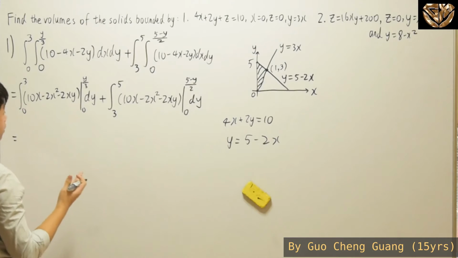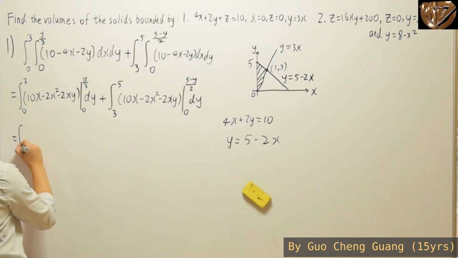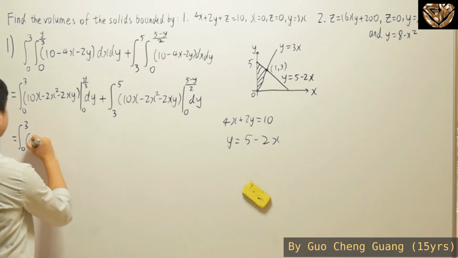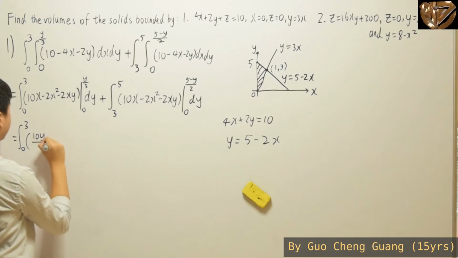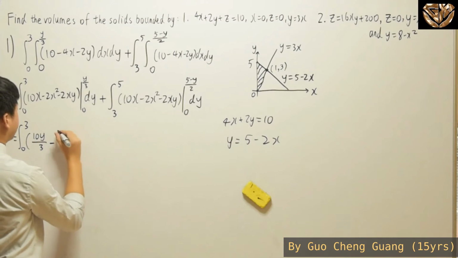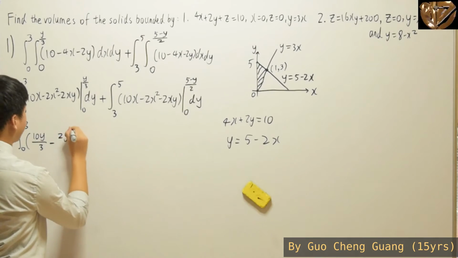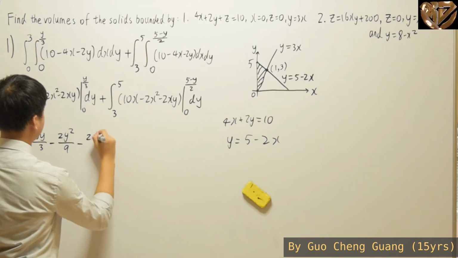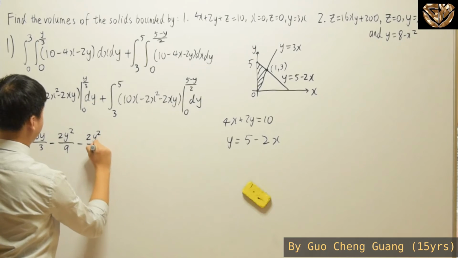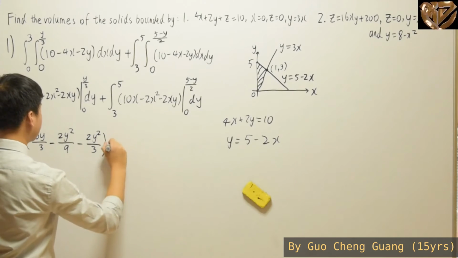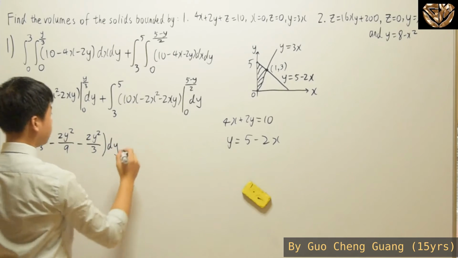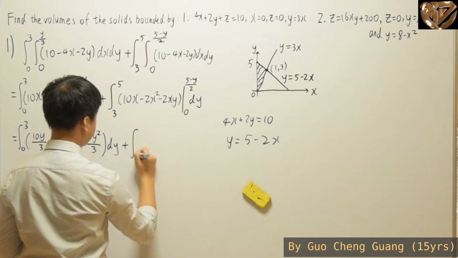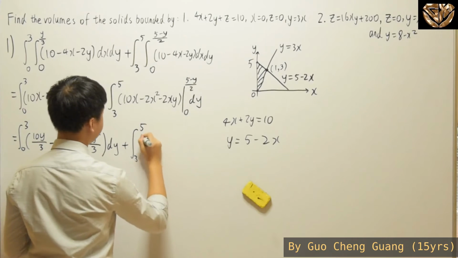Alright, so next you just substitute in the values, or you have integrate from 0 to 3, 10y over 3 minus 2y squared over 9 minus 2y squared over 3 dy. And then we're going to have plus integrate from 3 to 5.